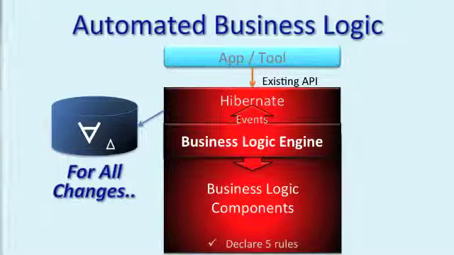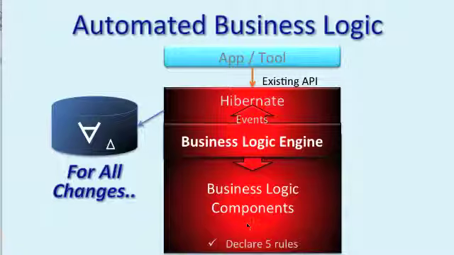We provided essentially the same kind of automation for transactional processing. As shown here, your application or tool uses existing APIs to connect to Hibernate, and our engine, it's just a jar file, connects into Hibernate through events and can execute and invoke your business logic components, enabling you to declare just those same 5 rules we just saw.